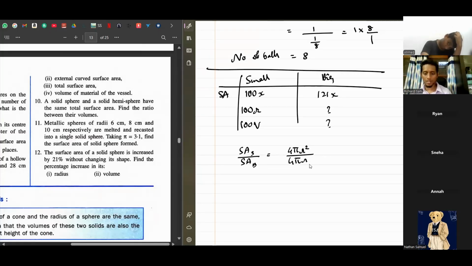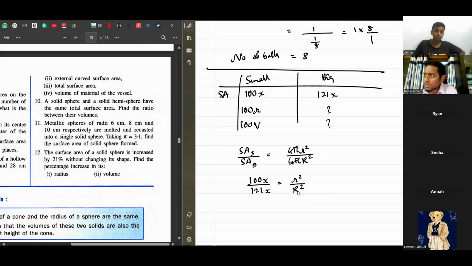Small one will use small r, big will use capital R. So we have the surface area of small to big. Small is 100x and big is 121x. Here we cut the 4 pi, 4 pi. So we have r square upon capital R square.